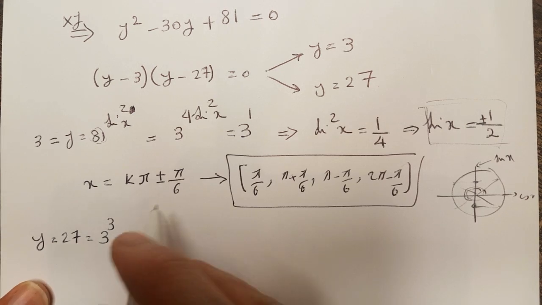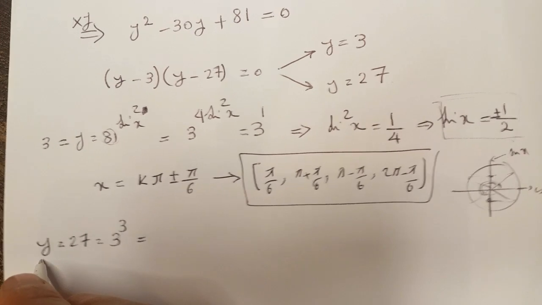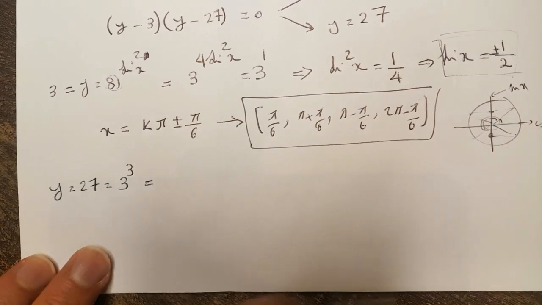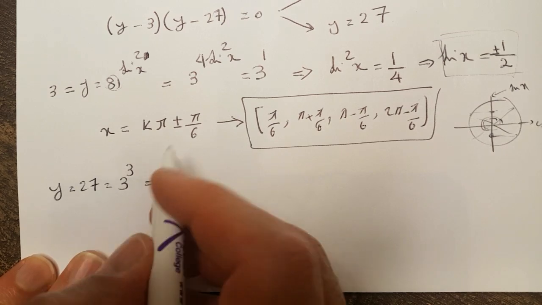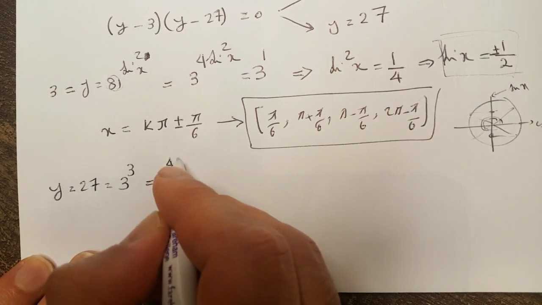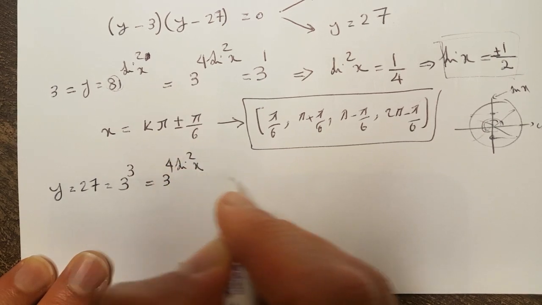Let's now try y equal to 27, which is 3 to the power of 3. Then if we plug the equivalent of y in our change of variable, we'll have 3 to the power of 4 sine squared of x.